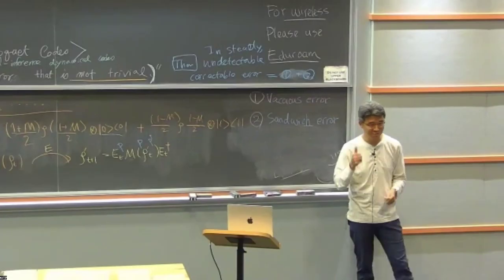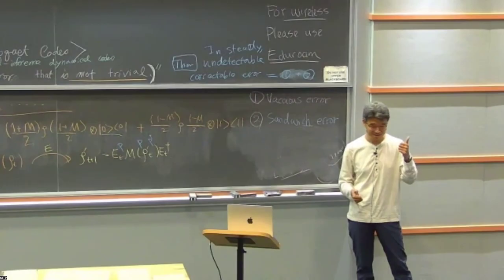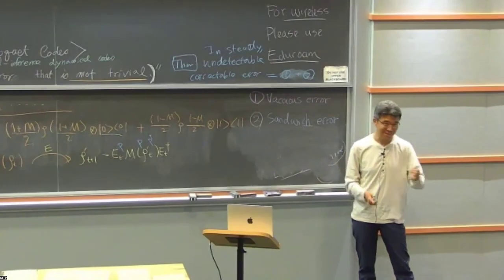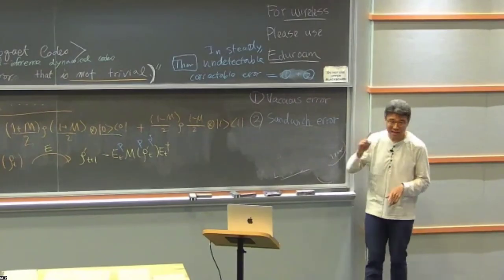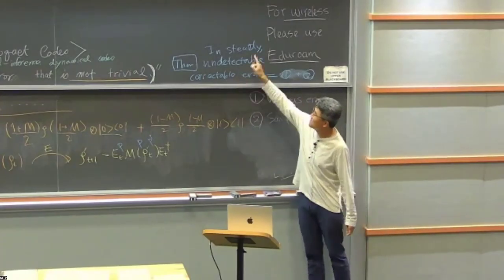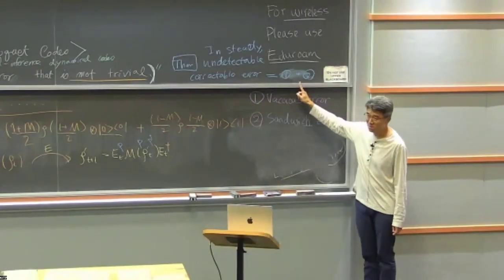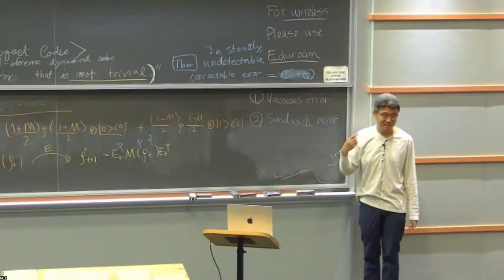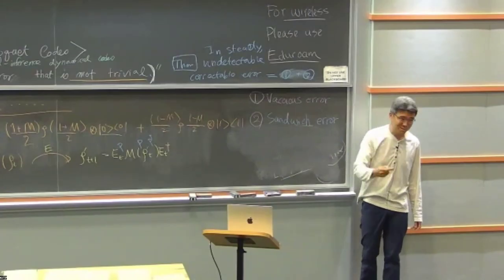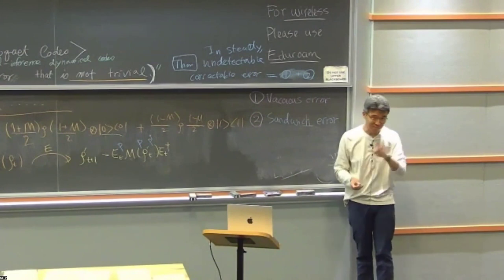Trivial class consists of stabilizers. Non-trivial classes sit outside the stabilizer group. I'm giving you that kind of dichotomy. If it is undetectable, correctable in a steady state of my Floquet code, then it is always a combination of this. Otherwise, it is undetectable and logical corrupting error. And no decoder will ever be able to correct it.